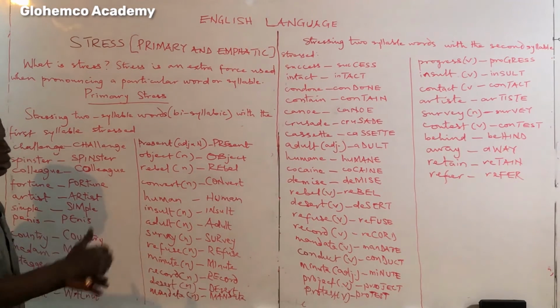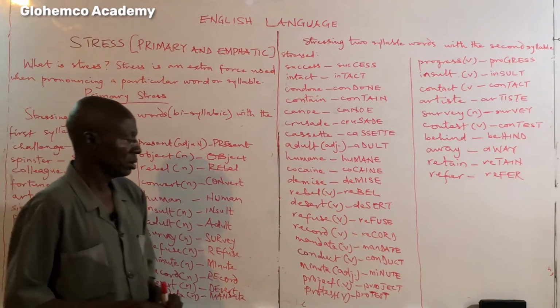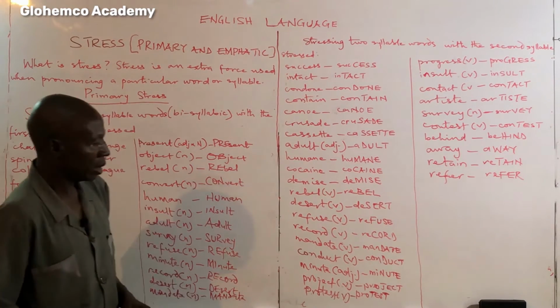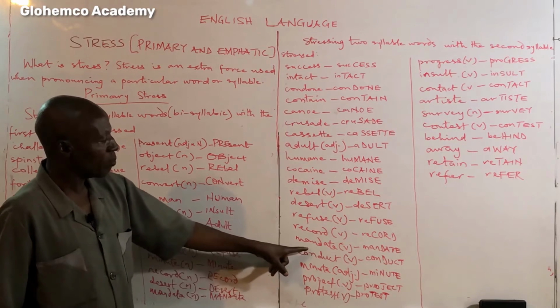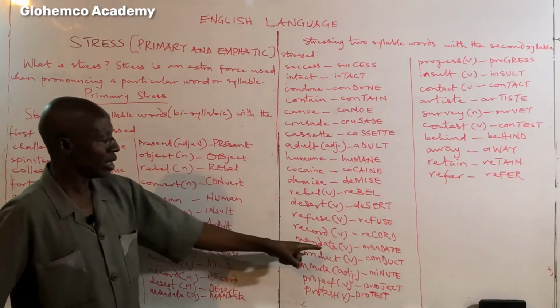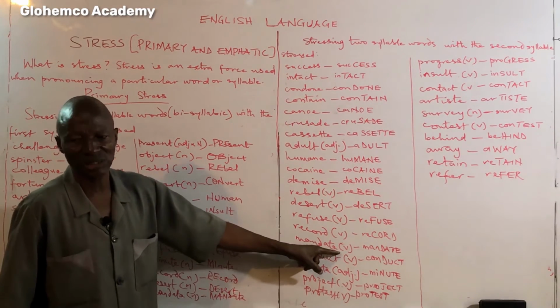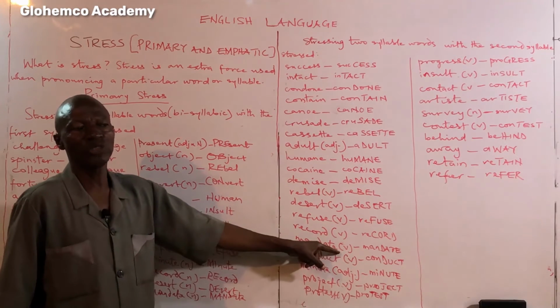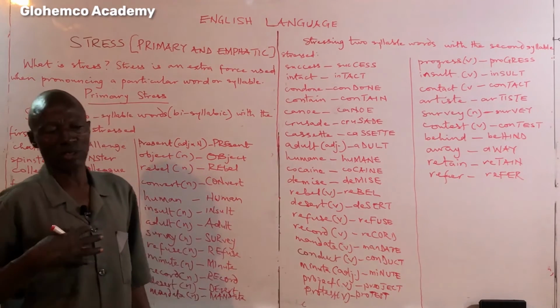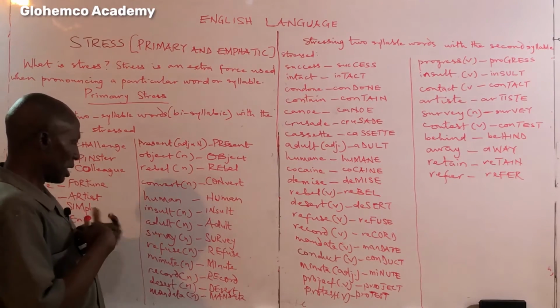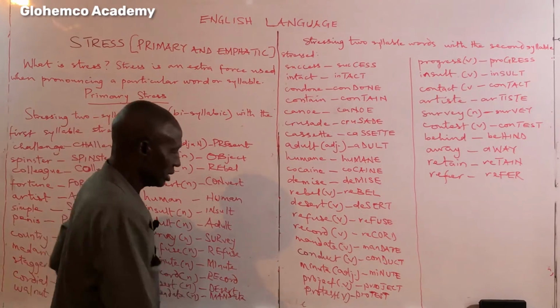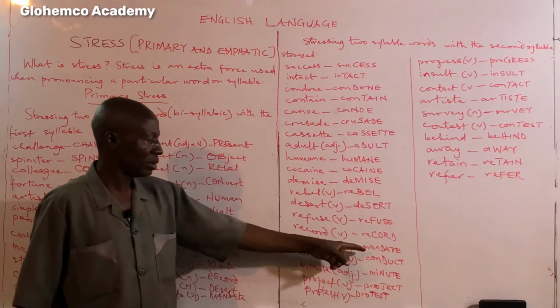So your knowledge of it will help your reading exercises. Now we have mandate. I have the mandate of my people; that is a noun. I have been mandated to give you this; that is a verb.